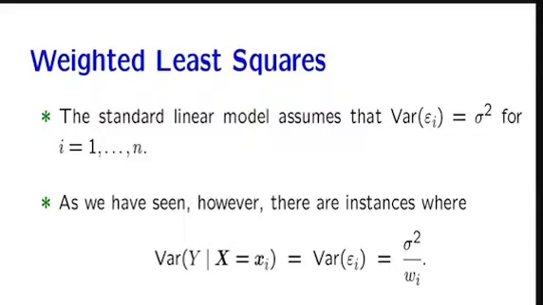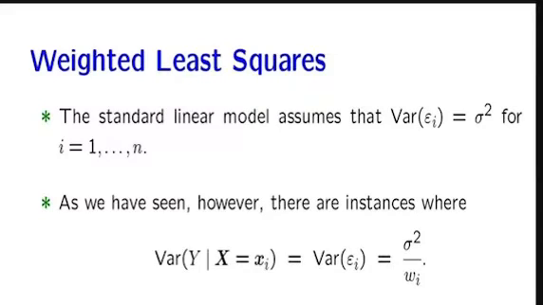I'm having sigma squared times 1 over wi. Why is it reciprocal? Because the relationship between variance and weight is inverse. The more weight an observation has, the less variance. Does that make sense? More contribution or more information means more weight, and less information means less weight.